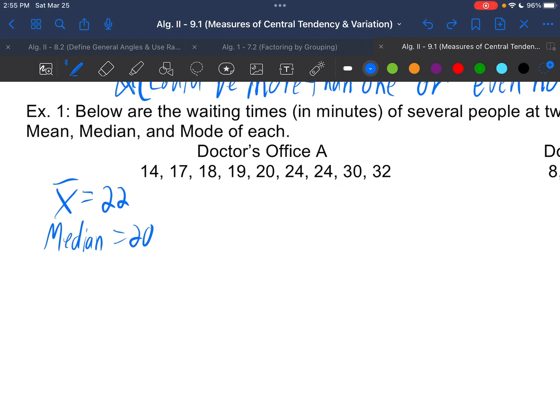So in this case, most people, in this case 5 or more, waited 20 or less minutes, but those 4 that waited 24 or more minutes brought up our average waiting time. And then the mode, the number that occurs most often, is 24, because it occurs twice. So more people waited 24 minutes than any other time, though only 2 people waited 24 minutes.